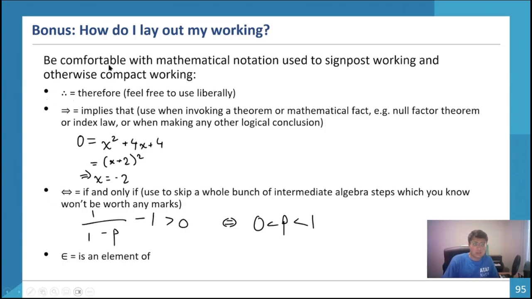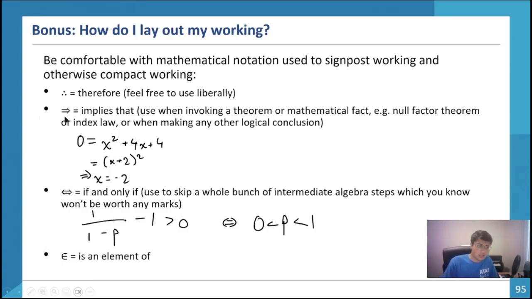The next thing is you should be comfortable with mathematical notation used to signpost working or otherwise compact your working down. One that I used a lot was therefore. There's not really any general rules on how you should use this. You can just use it as much as you want. For instance, every single line of working, you can basically just put therefore before it and it'll still be mathematically correct.